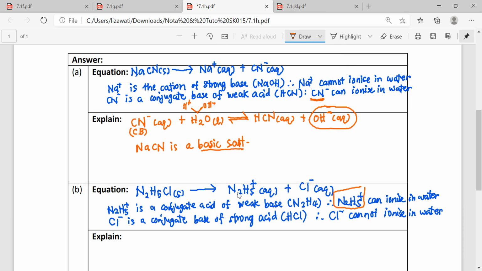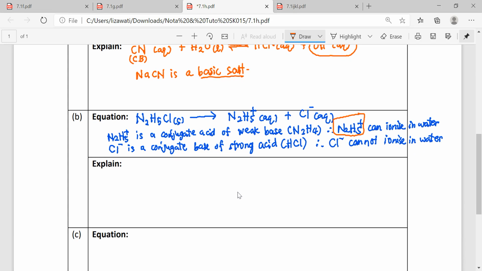N2H5+ aqueous ionizes in water, and water is liquid. Because it came from a weak base, it partially dissociates and you have to use a reversible arrow.